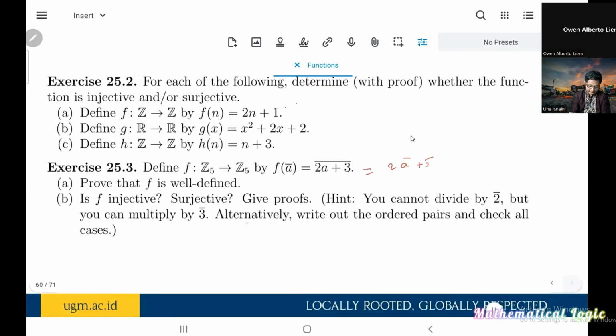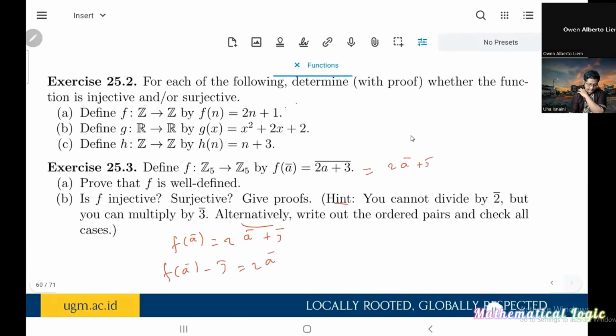And the alternative, we can use the hint. So for example, f of a bar is equal to 2a bar plus 3. So you can find the inverse. f of a bar minus 3 bar is equal to 2a bar.